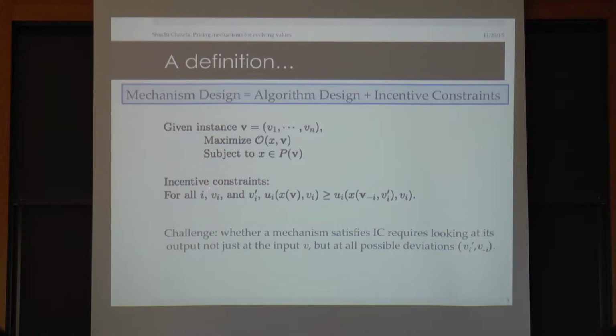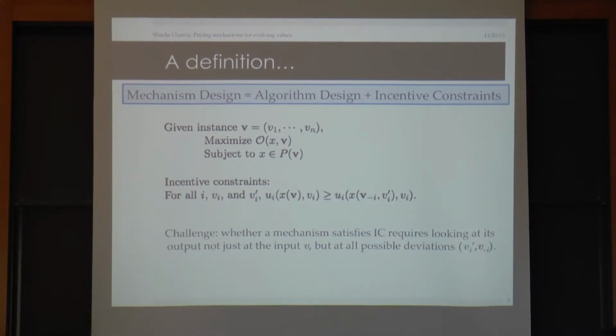Everyone has some input to report, and any individual person is going to consider changing their input to something different. Okay. And let's say this U_i basically specifies the utility that this ith person gets from the output of the mechanism if their value were V_i, their true input were V_i.